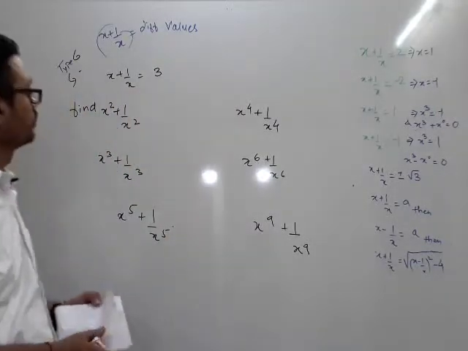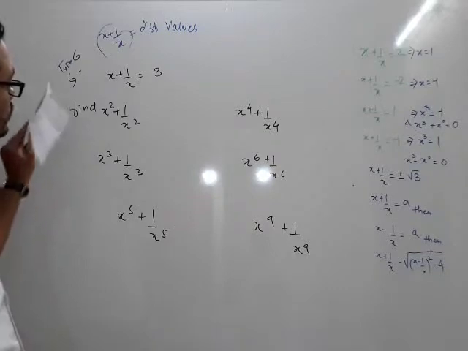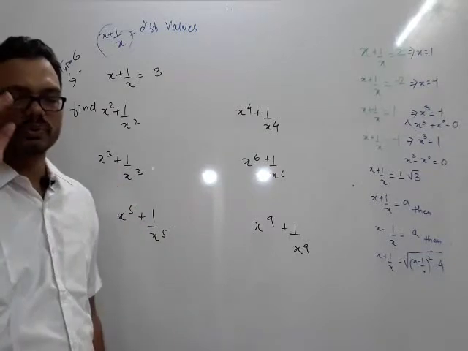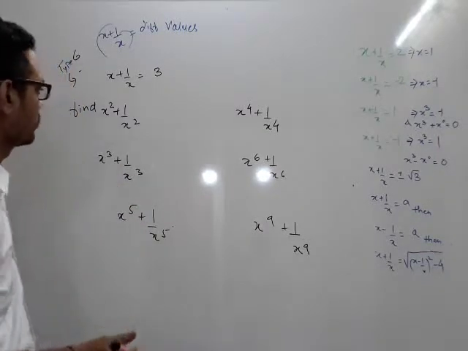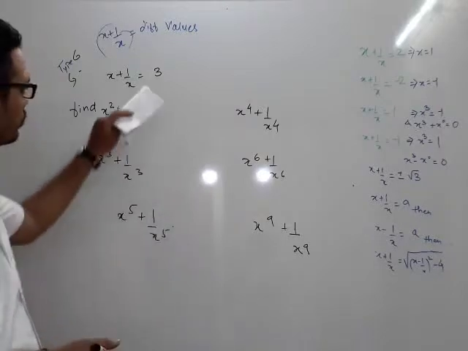Okay, so one value is given, these many values are asked. It's not that in one question it was asked, it can be asked. So these many values you can find if you know one value.